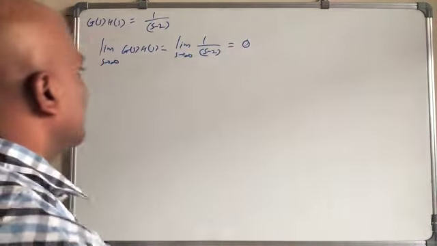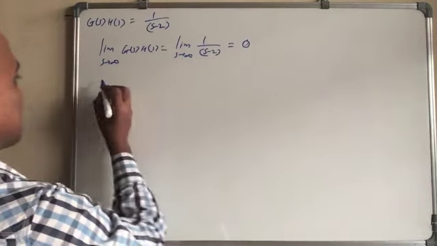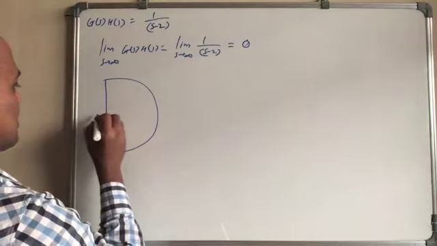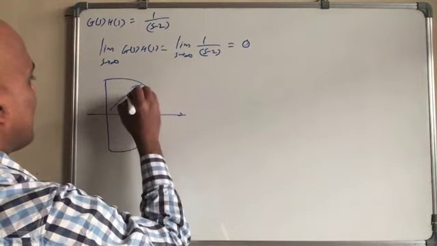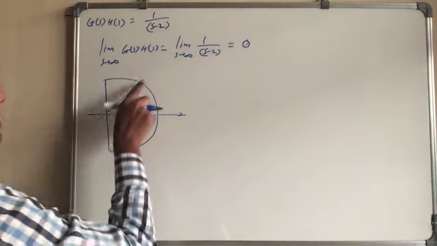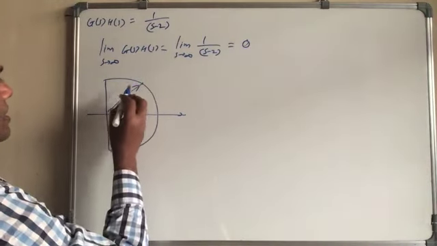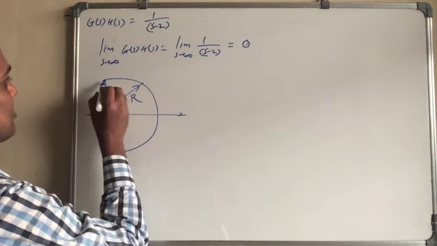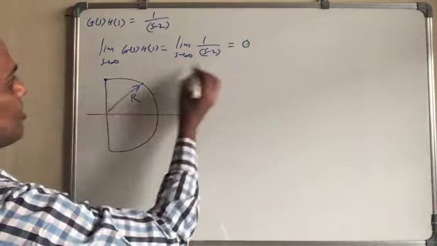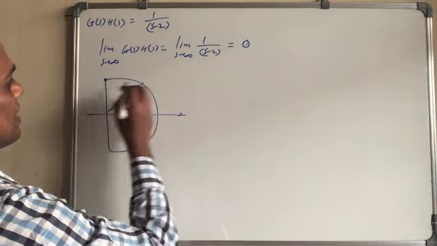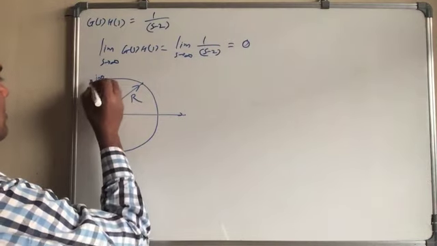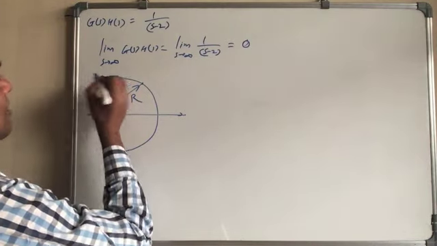We are getting 0. In fact, you can draw the contour, right? This is R, which is infinity. If this is infinity, that really means even at this point, if you look at this, you have a J infinity, or simply we say I infinity.